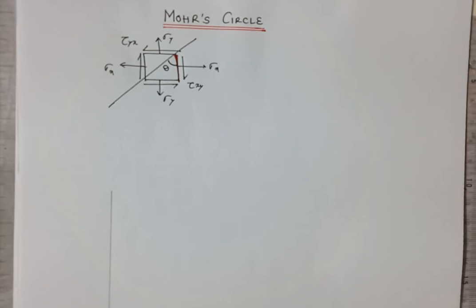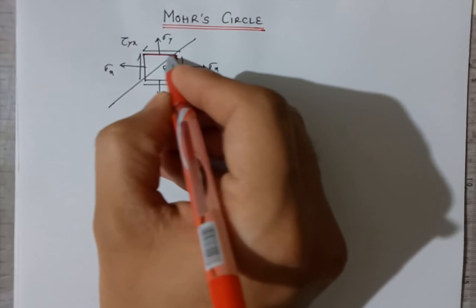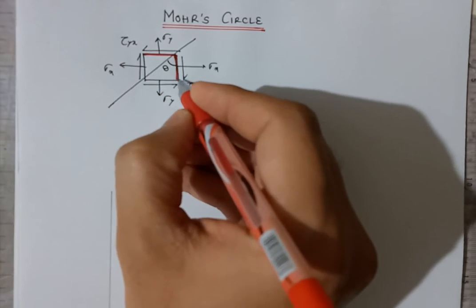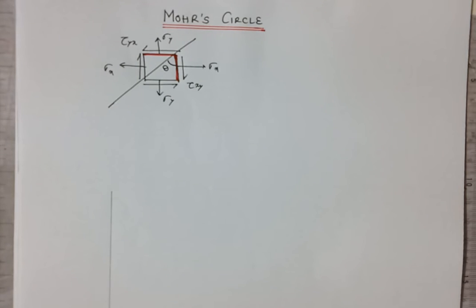Now, the important thing to start with is that I will be considering two planes on which different stresses are acting. Which are those two planes? This is one plane, this is the second plane. The ones which I have marked with red are the two planes which I am going to consider.